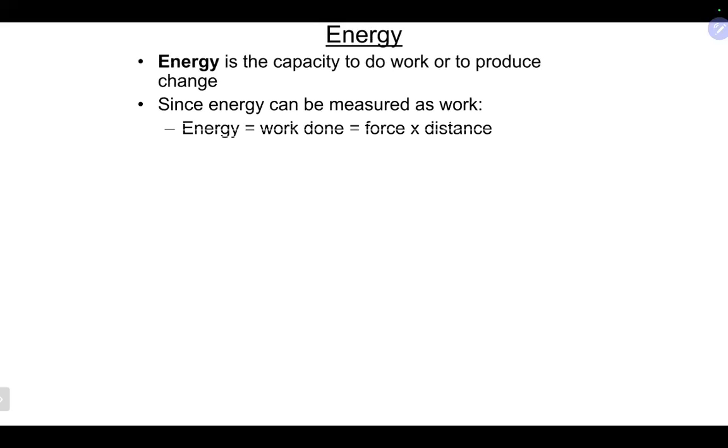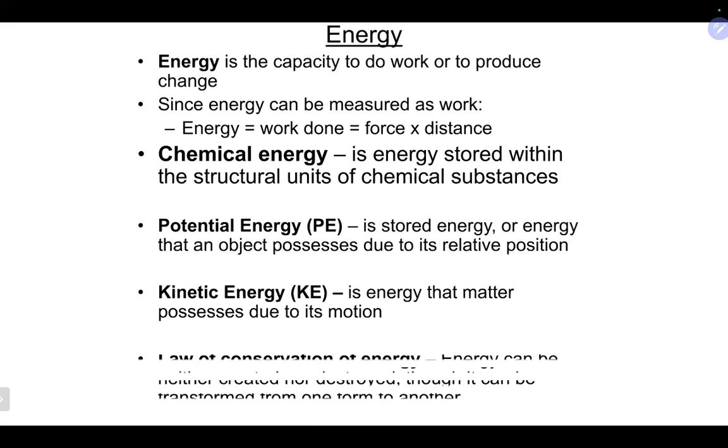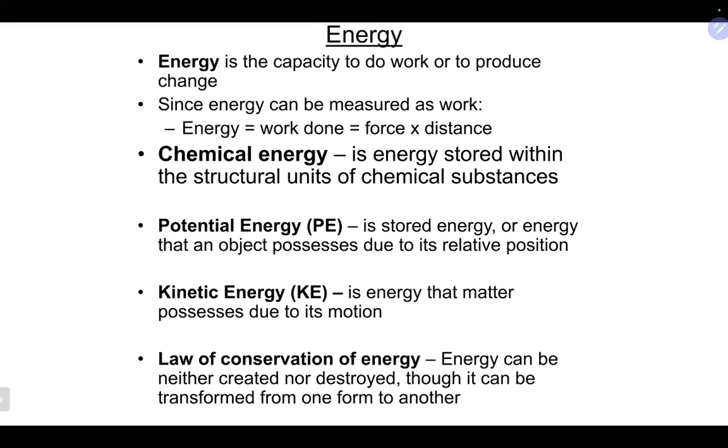When we talk about energy, there are different types of energy. Energy is really the capacity to do work and produce some type of change. There is chemical energy, and that's the energy that's stored within the structural units of substances. There's also obviously energy associated with bond making and bond breaking.